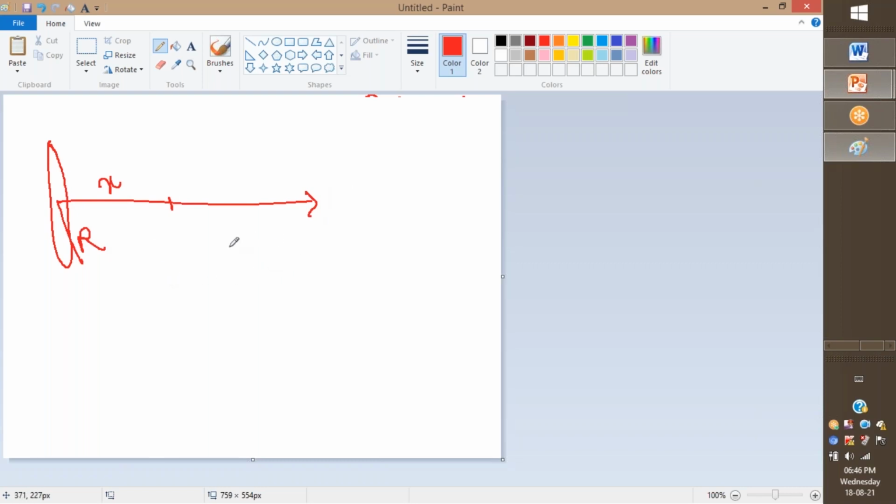The expression was B is equal to, in terms of scalar, mu 0 I r square divided by 2 into x square plus r square whole to the power 3 by 2. I hope you agree with me.